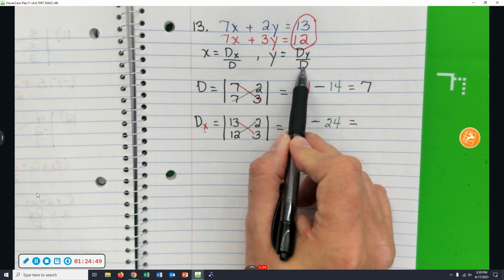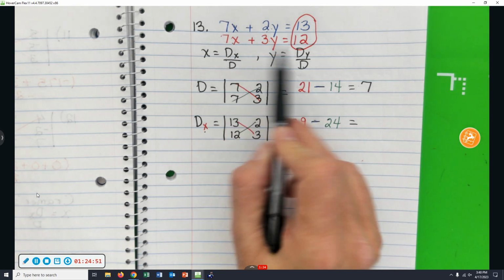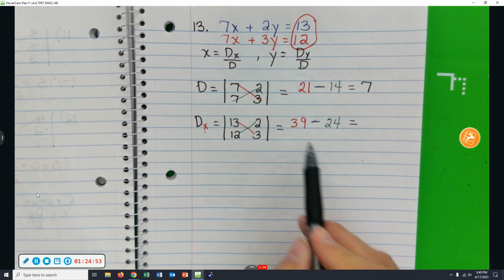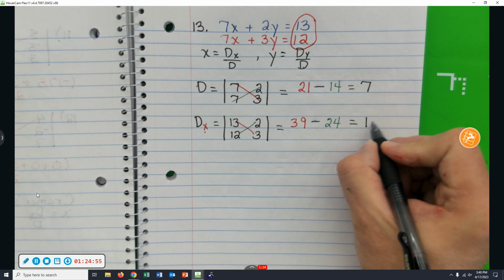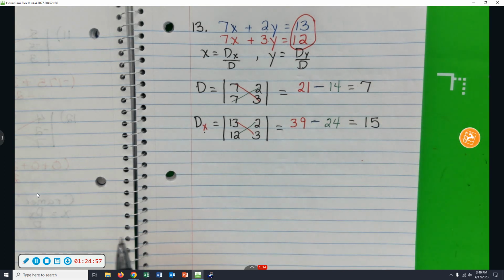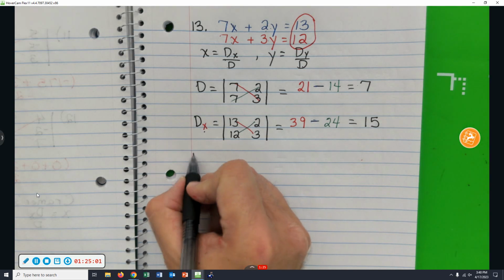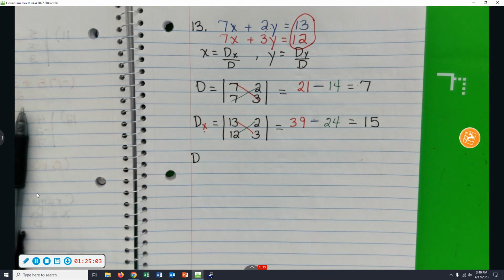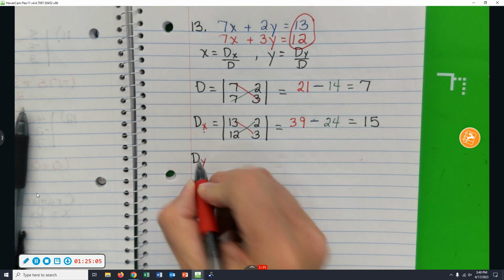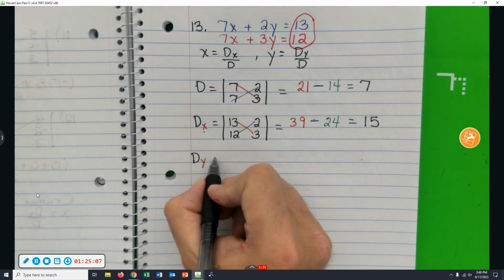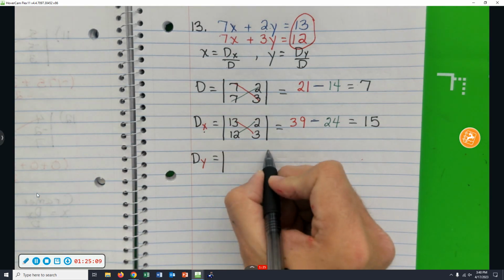Now I've got to find dx and dy. You find dy the same, but it probably won't be the same number. To find d subscript y, whatever the subscript is, that's the column you replace.